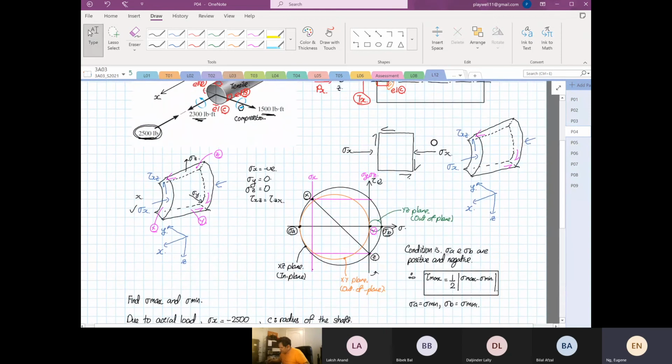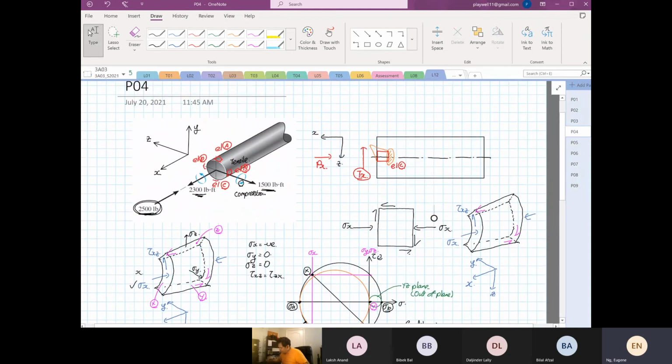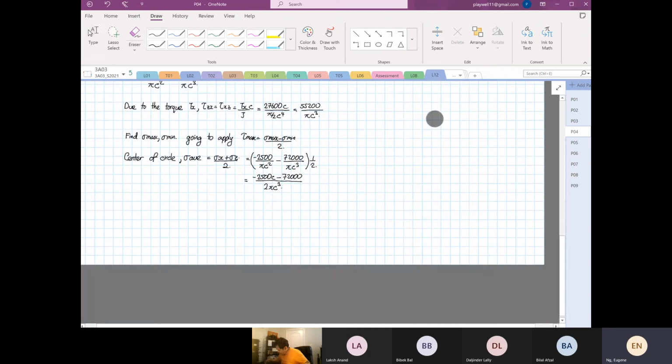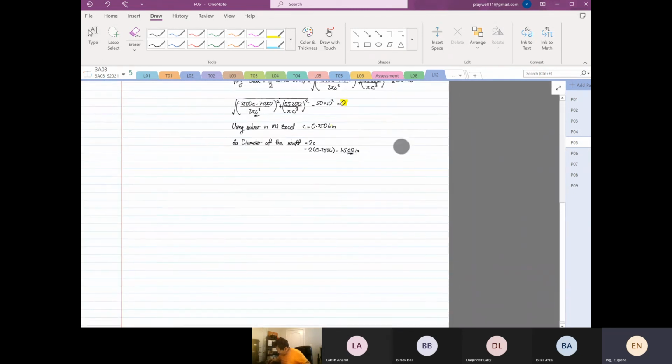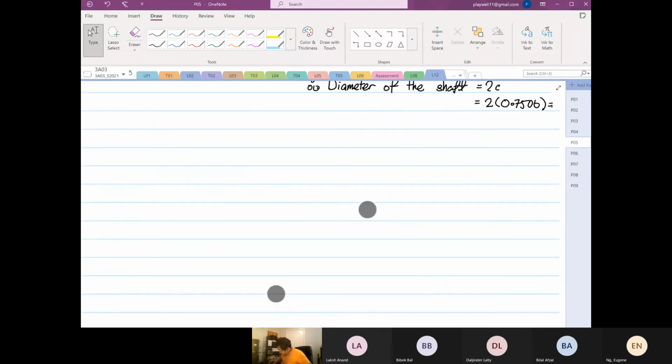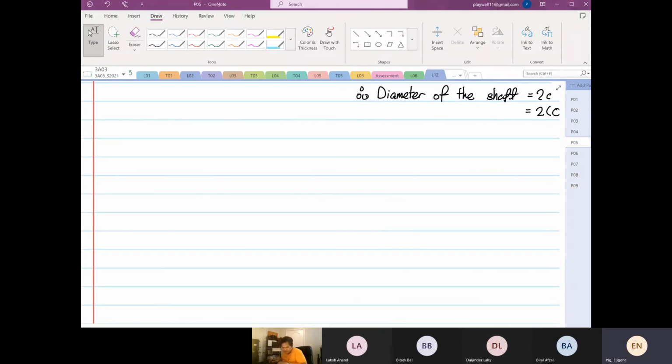By the way, this example shows you the full procedure on how to design a shaft, now including axial load, with Tresca criteria. It's a pretty lengthy example, as you can see. The next one that we're going to do is the maximum distortion energy criteria.